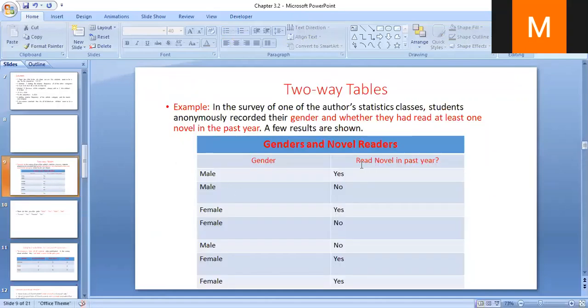This is the survey, reading the book, the novel. Male say yes, male say no. Female say yes, female say no. That is what you call a two-way table.